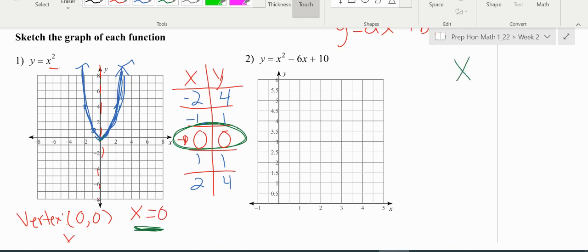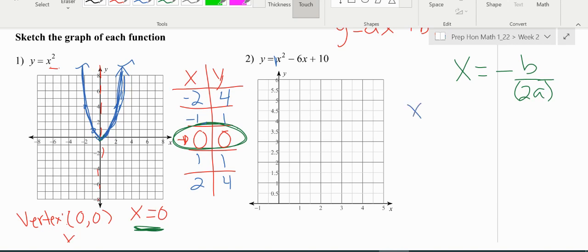That formula is the opposite of b over 2 times a. That tells us our axis of symmetry, or essentially the x value of our vertex. And remember, a, b, and c are the numbers in front of our terms, or coefficients.